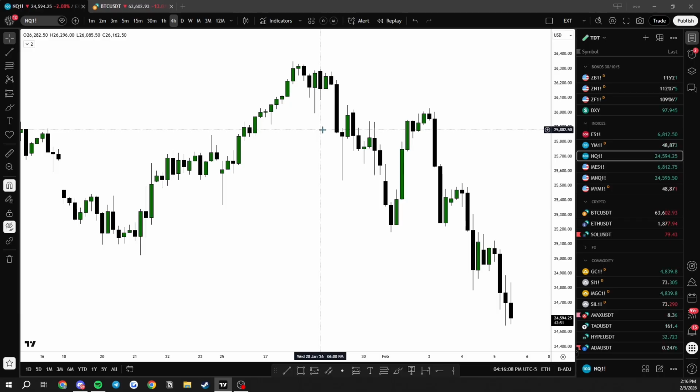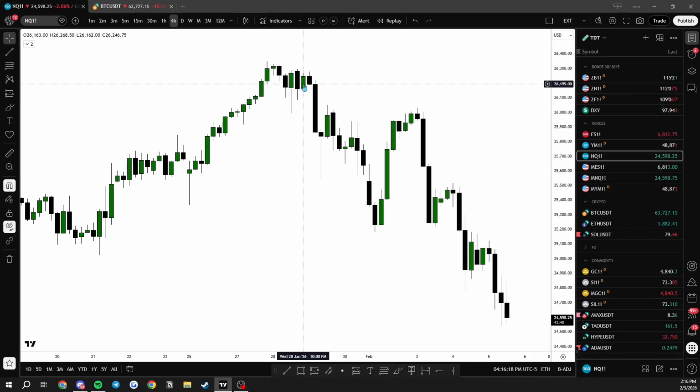Okay, so in this instance, we're focusing on the 2 a.m. candle, the 6 a.m. candle, and the 10 p.m. candle, right? So if you notice, candle 1, accumulation, candle 2, manipulation above candle 1's high, closes back inside candle 1's range. Candle 3 expands lower.